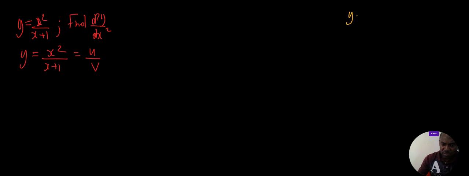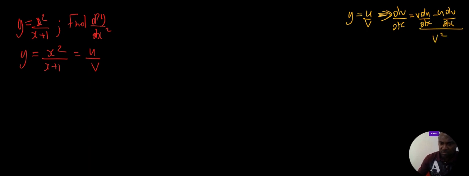We say that if y is equal to u over v, where of course u and v are functions of x, then dy by dx is equal to v du by dx minus u dv by dx all over v squared. So if we let u be equal to x squared, which means that du by dx is equal to 2x.